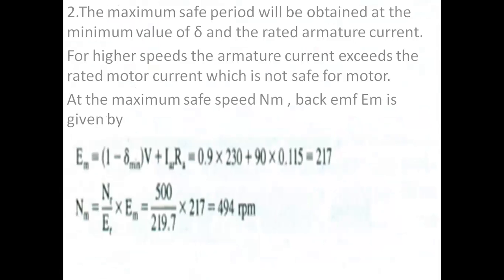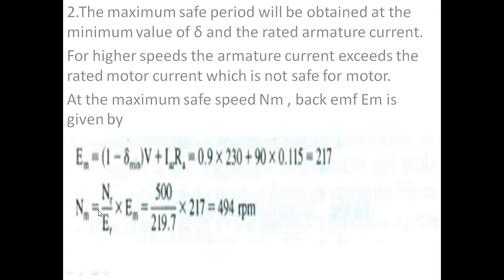So at the maximum speed Nm, the back EMF is given by Em is equal to (1 minus delta m) into V plus Ia Ra, that is (1 minus 0.1), they have given as delta, so 0.9, into V 230 volts plus armature current 90 into resistance 0.015 ohms. If you substitute, you will get the maximum EMF at maximum speed. So from this EMF, you have to find out the maximum speed.